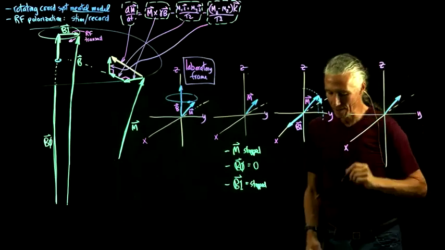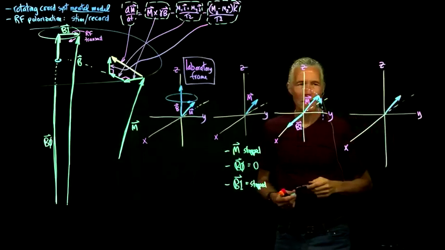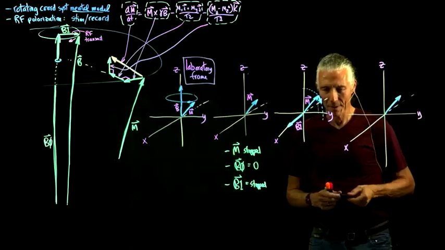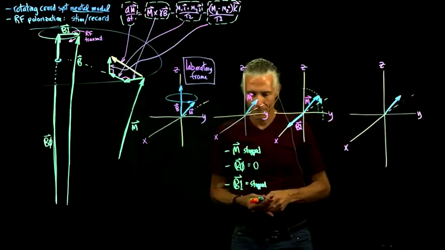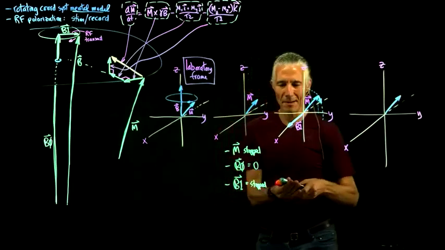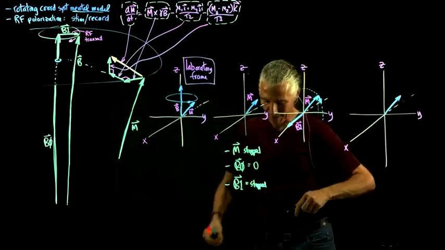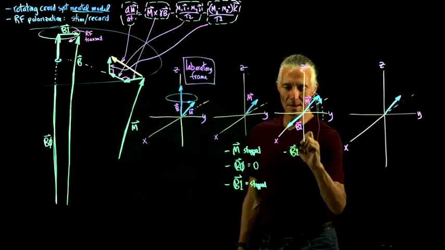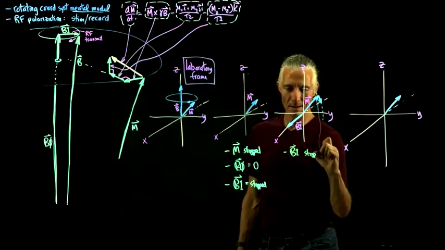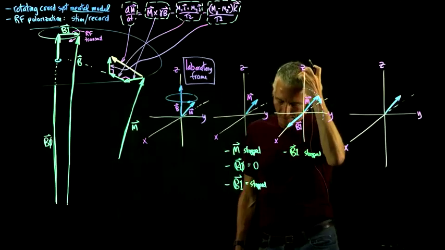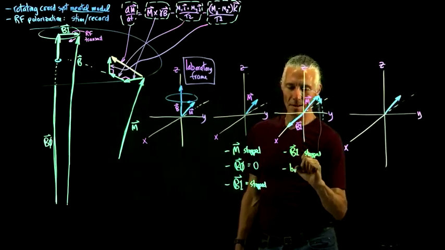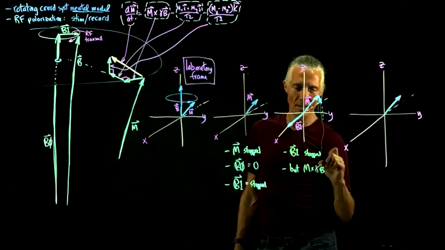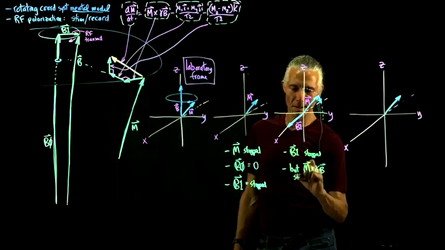Our M vector is now slowly rotating. Before I do that, I should annotate this guy. B1 is stopped. But this is what I just said in words. M cross B still works.